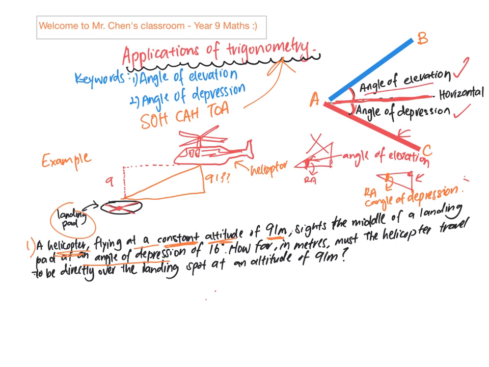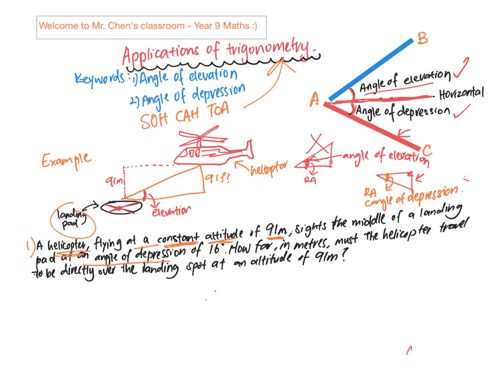Which one do you reckon is the right one? First we need to know which one has the angle of depression. That one won't be an angle of depression, it is the angle of elevation.